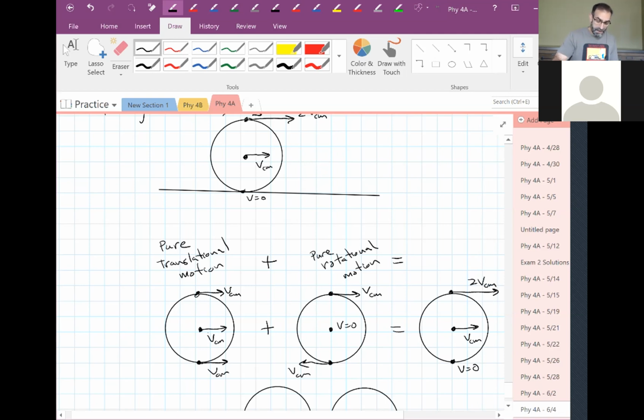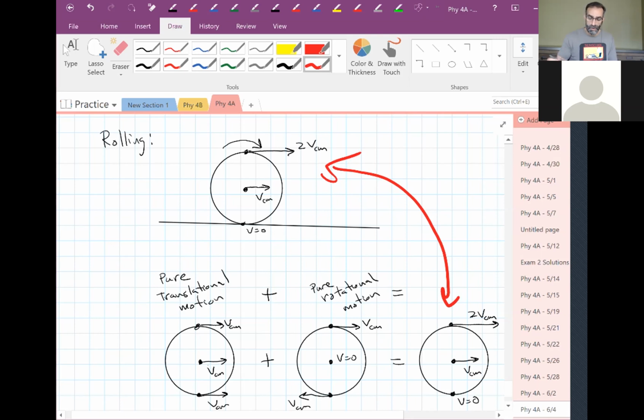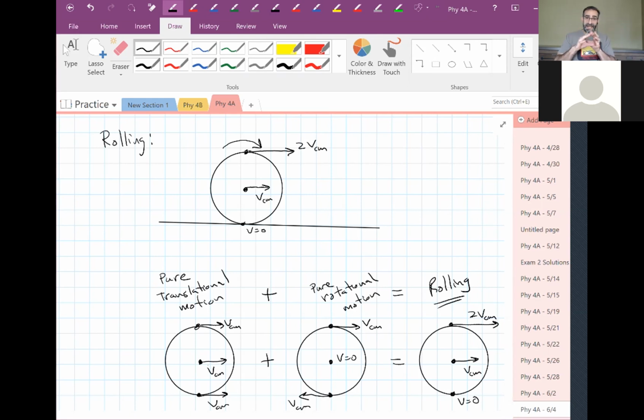What does that look like? Rolling. Looks like rolling, right? I take pure rotational motion and pure translational motion, I add them together, I get rolling.